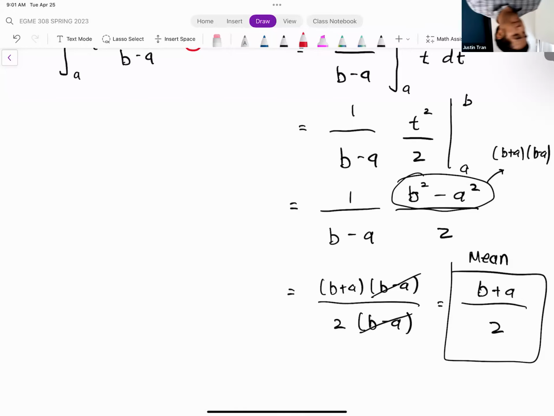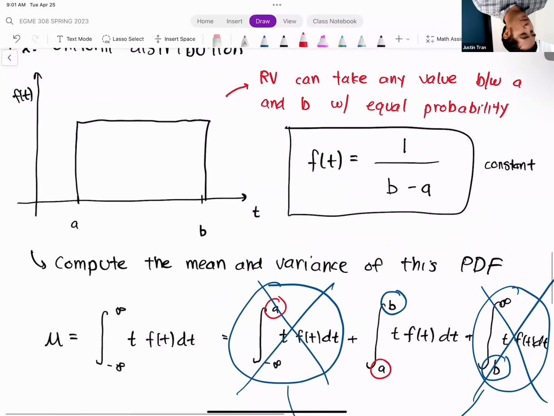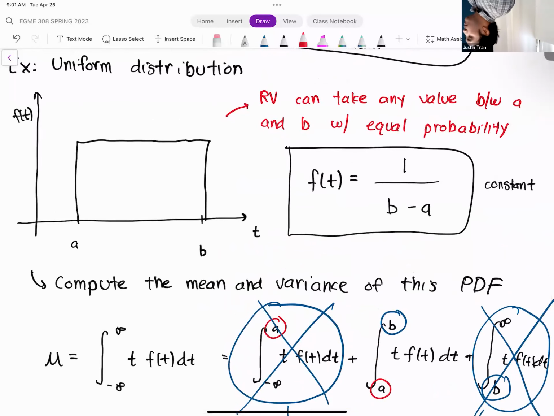So this makes sense, right? If we look at our probability density function here, you remember our random variable can take any value between a and b, and it does so equally. So if we were to sample things, it would be all over the place, kind of random.